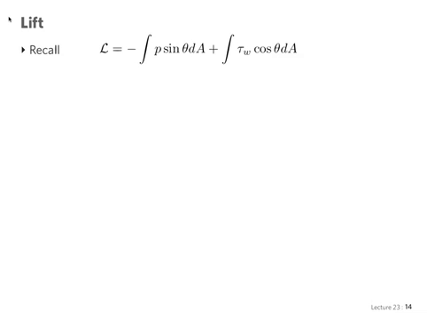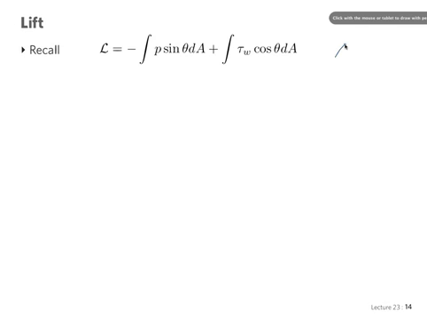So first of all, here is the equation that we derived a couple of lectures ago that describes the force of lift for a small surface, and we calculated the integrated contributions of both the pressure and the wall shear on that small surface.